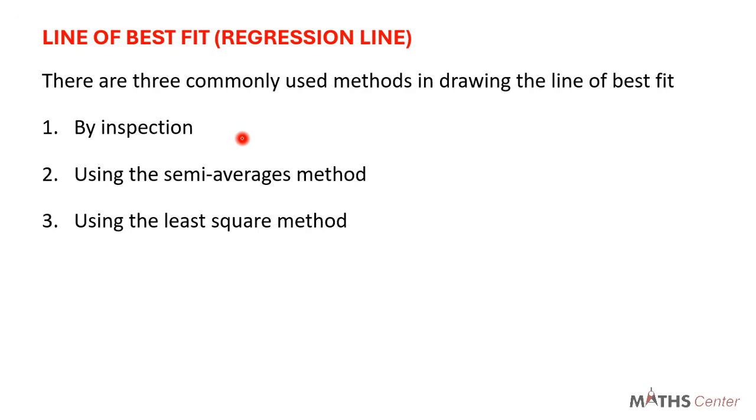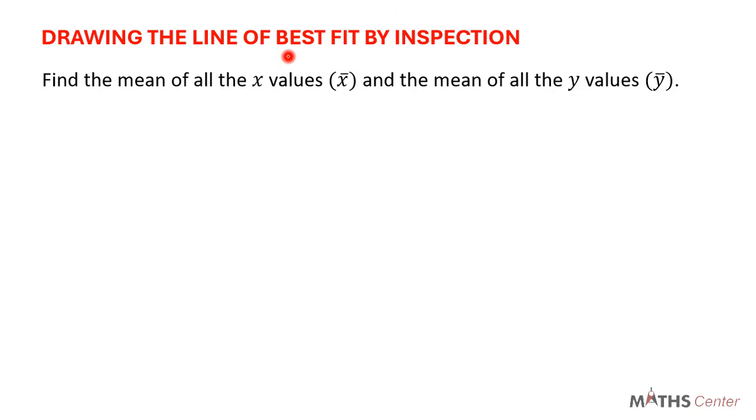We begin with the first one, by inspection. Drawing the line of best fit by inspection. Generally, when you are required to draw the line of best fit by inspection, after plotting the data points on the graph sheet to get the scatter diagram, you will find the mean of all the x values, that is the x mean, shown as x with a bar on top of it.